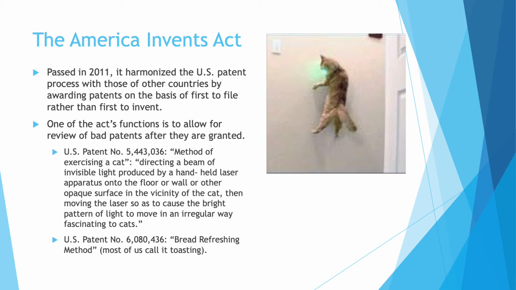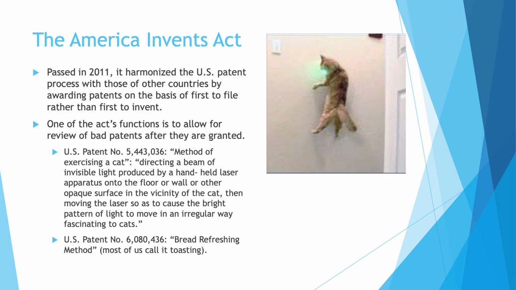One function of that act, and this is perhaps the most interesting thing I found in this chapter, just in terms of pure human interest, is to allow for review of bad patents after they are granted.